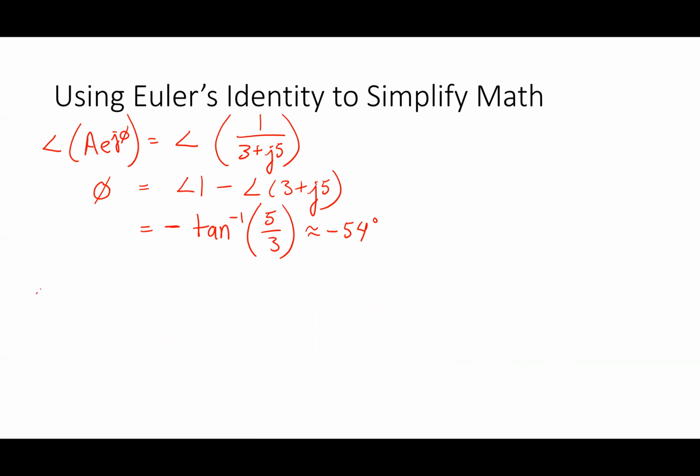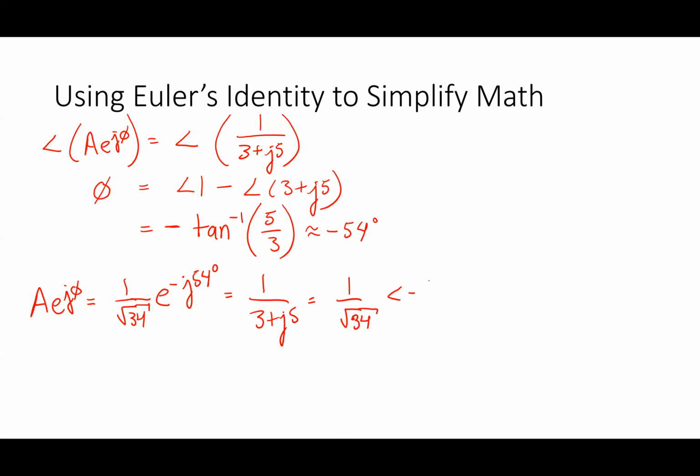A e to the j phi, what we just calculated, is 1 over the square root of 34 times e to the negative j 54 degrees, or 1 over 3 plus j5, whatever that is, right? Or 1 over the square root of 34 at an angle of negative 54 degrees.